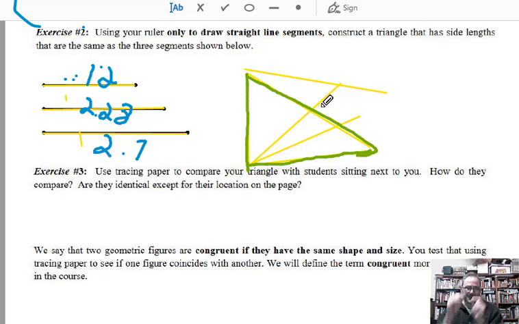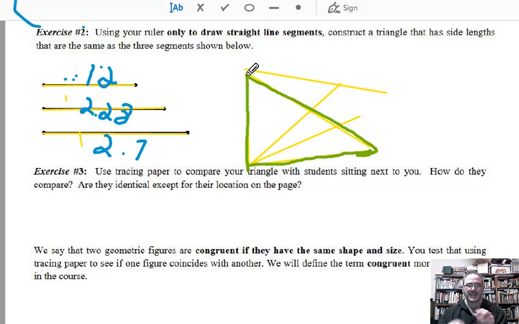So with the ruler, you've got to play around. Oftentimes what I would do is draw one leg, then take a measurement of 2.28, and make a copy of that measurement with my compass, pin it down, and create an arc mark. So I get all the points that are 2.28 away from that one point.